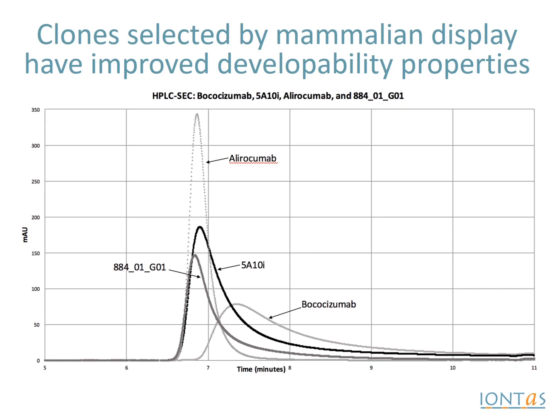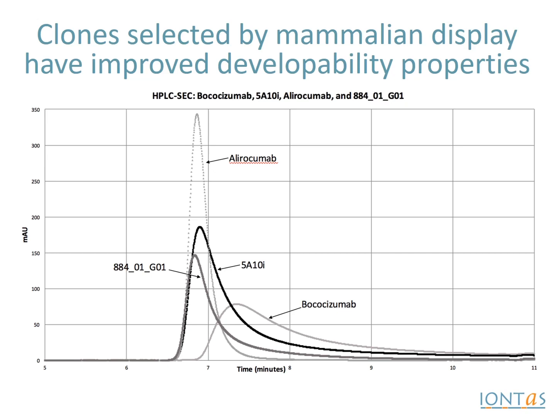And in addition, we ran them on HPLC size exclusion chromatography, and we see an example of some of the clones here. So in the dotted line you can see alirocumab, which is a competitor anti-PCSK9 developed by Regeneron and Sanofi, and that has very nice properties in terms of its profile on size exclusion chromatography.